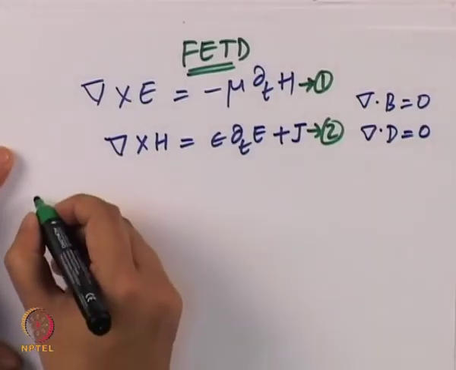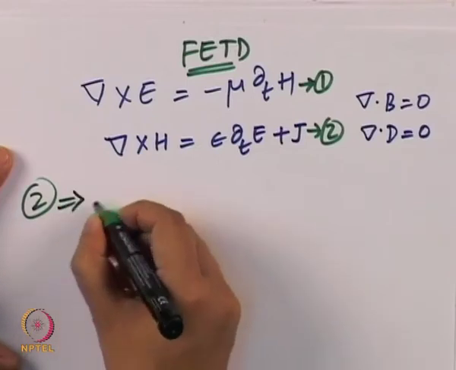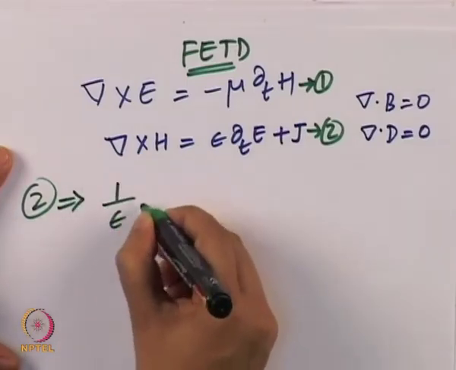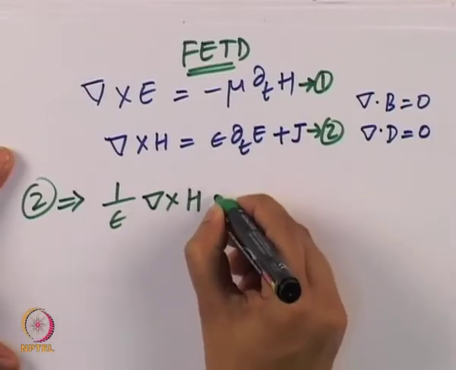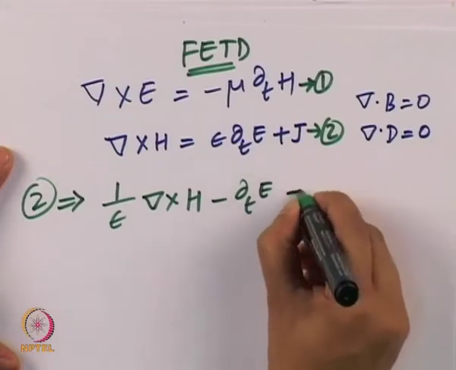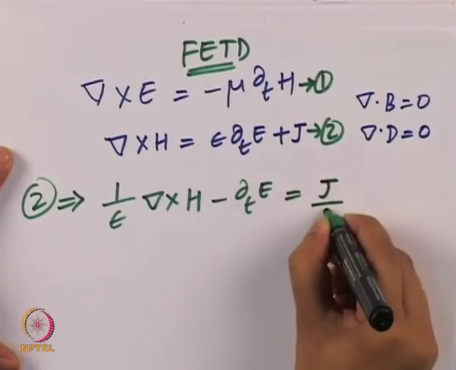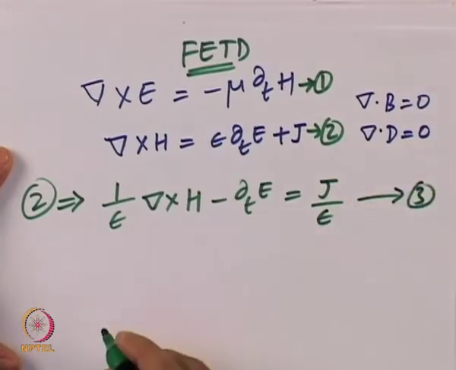So what we are going to do is, from 2 we have curl of H by epsilon minus dE by dt is equal to J by epsilon. So this is 3.